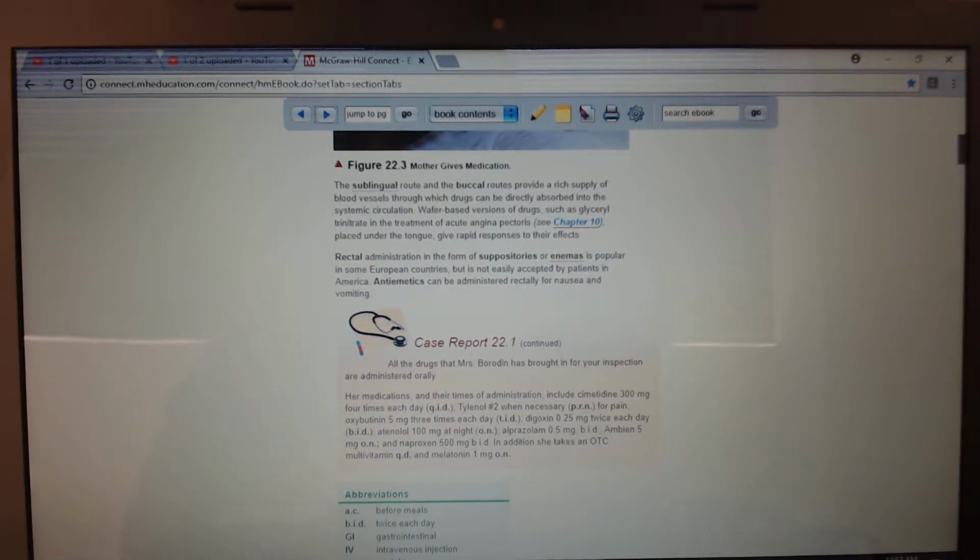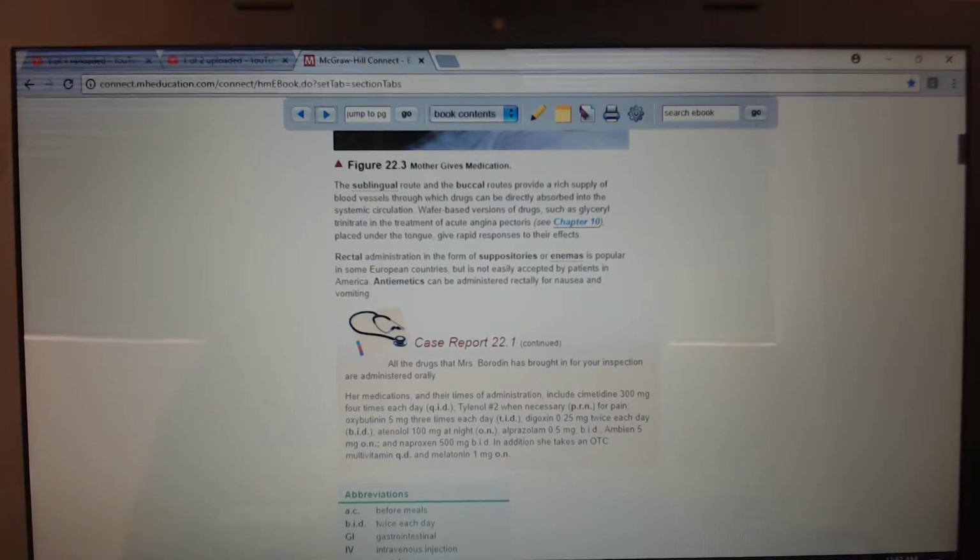The buccal region and the area below the tongue are richly vascular, and so those medications get into the system very quickly. Nitroglycerin is a common medication. It's given sublingually. It gets into the system very quickly and causes smooth muscle dilation, which in turn allows the blood vessels surrounding the heart, the coronary arteries, to open up wide and restore blood flow to the myocardium itself.